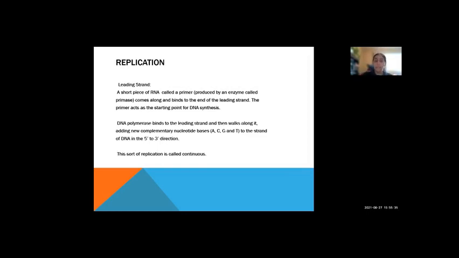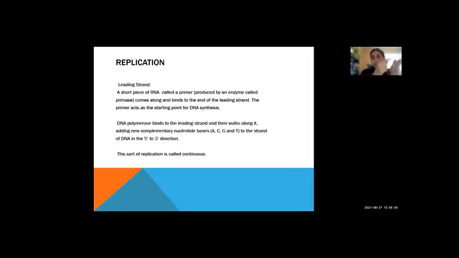So what happens in a leading strand? During replication, when it starts, there is a short piece of RNA, okay? I know you haven't studied RNA yet, but we'll be discussing it in the next lesson. A small piece of RNA, which is called the primer, is produced by an enzyme called primase. So primase, primer.